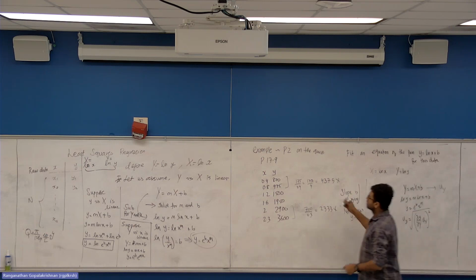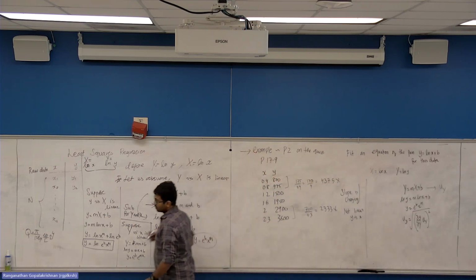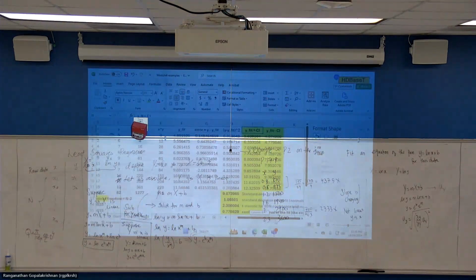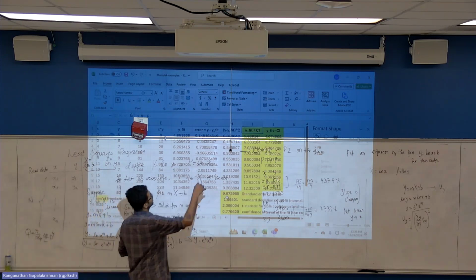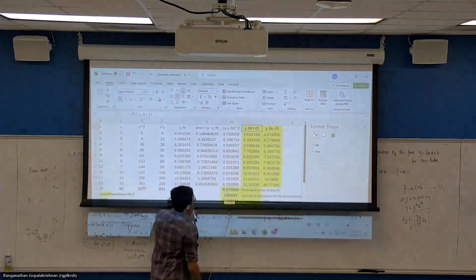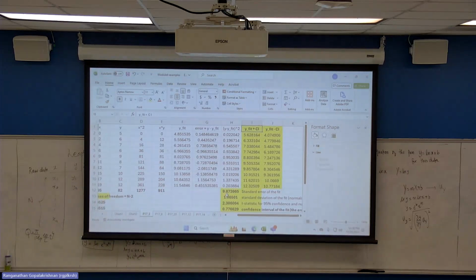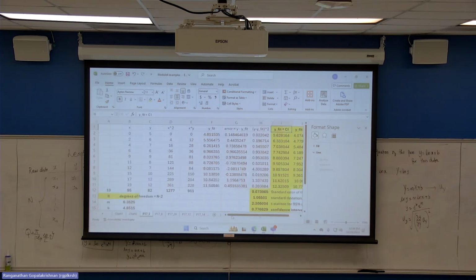All right, so we did one example similar to P2 on the quiz. Shall we do one similar to P1? Similar to P1 is going to be some of the problems we already did, especially problem 17.3.